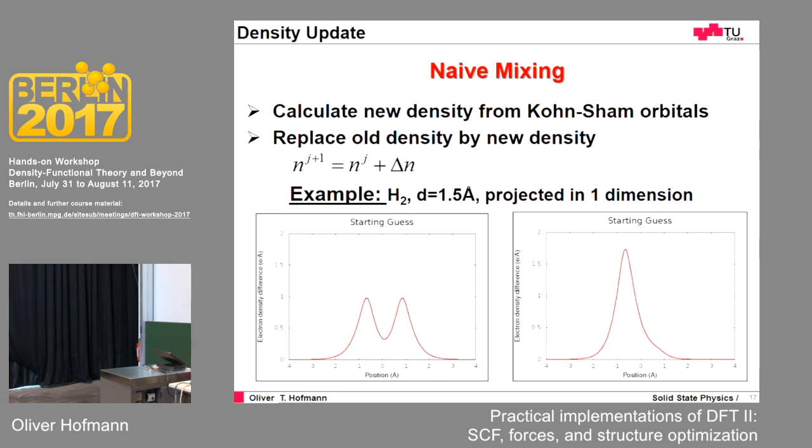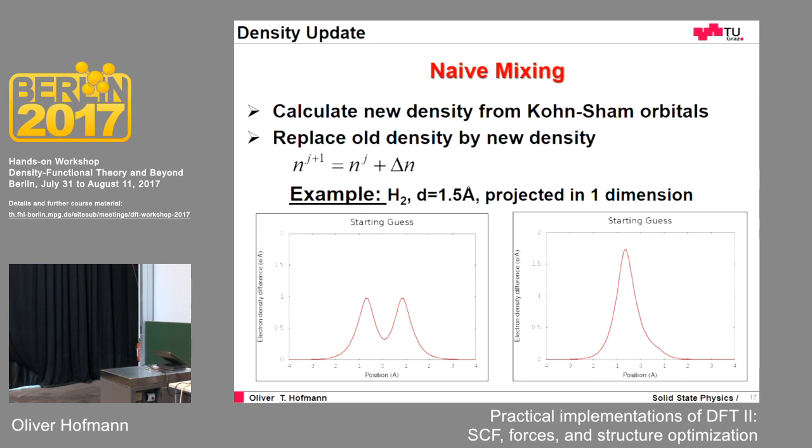And whether this is a good idea or not, I've just created a small animation for that. Let's assume we have a very good starting guess, which is what you can see on the left side here. This would be for an example of a hydrogen molecule. The distance is a bit overestimated. The correct distance would be 0.8 angstroms or so, and I calculated it at a distance of 1.5 angstroms, such that the effect that I want to show is nicely overrepresented.